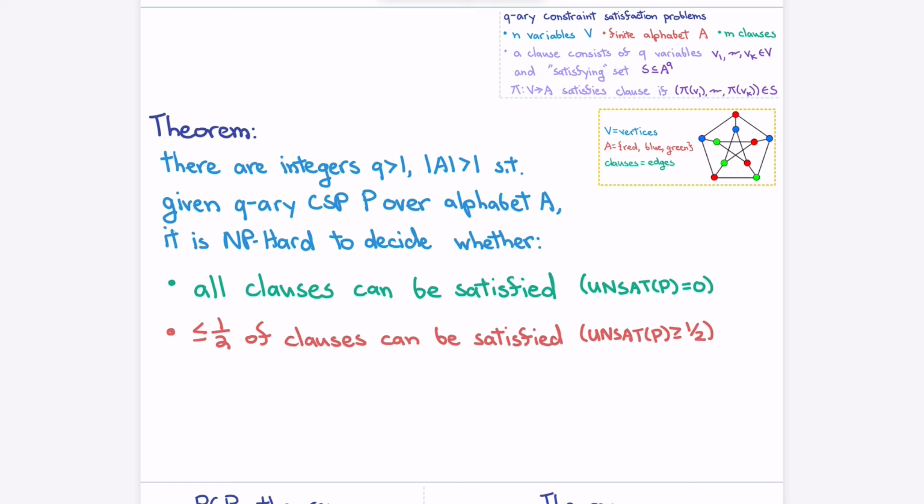So to decide if either all clauses can be satisfied or at most half of them can be satisfied. As opposed to 0 or non-zero, there's now a gap. I can promise you that the input is one of these two, and you have to decide which one is which.